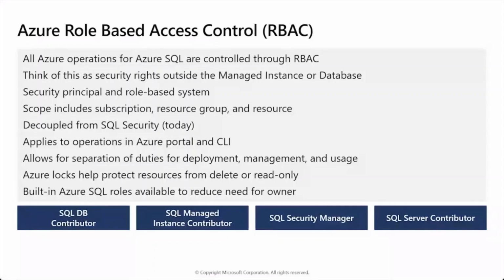So the owner role has full access to all the resources, including the right to delegate access to others. The contributor role allows you to create and manage all types of Azure resources, but you can't grant access to others. The reader role will allow you to view existing Azure resources, but you can't modify, update, or delete any resources.